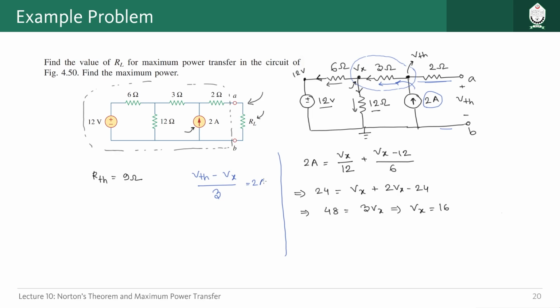So 2 ampere, and we already know the value of Vx. We can just place that here, so VTH minus 16 divided by 3 equals 2, or we can say VTH is equal to 6 plus 16, which is equal to 22 volt. So VTH is equal to 22 volt, and previously we saw that RTH is equal to 9 ohm.